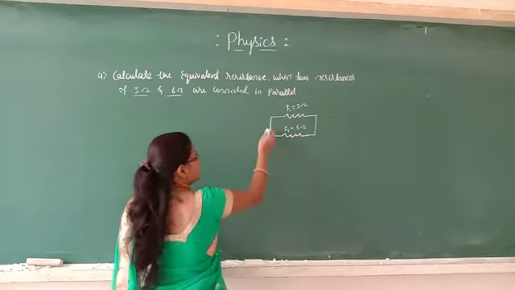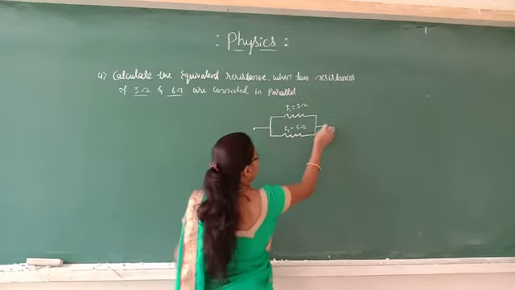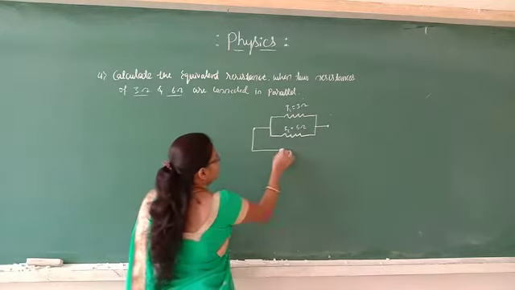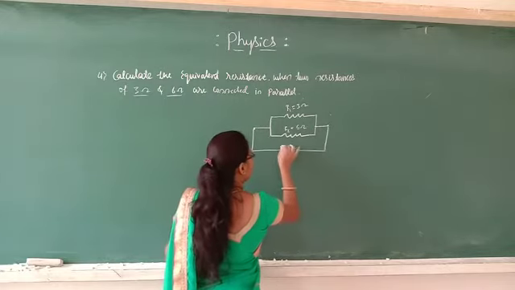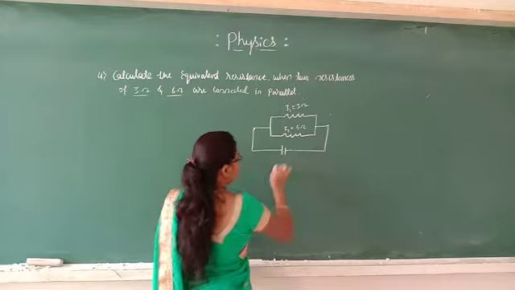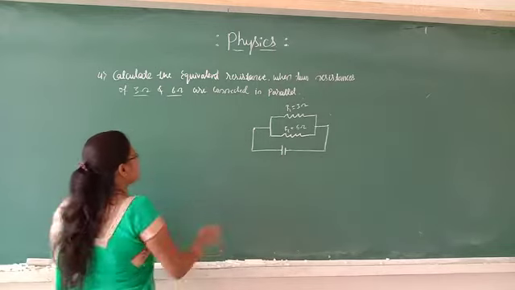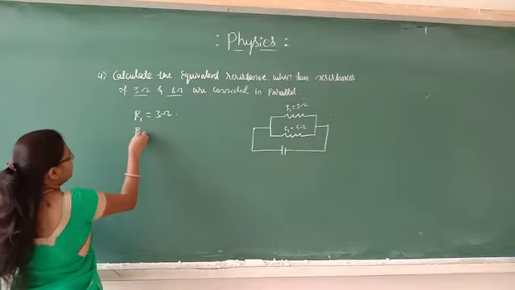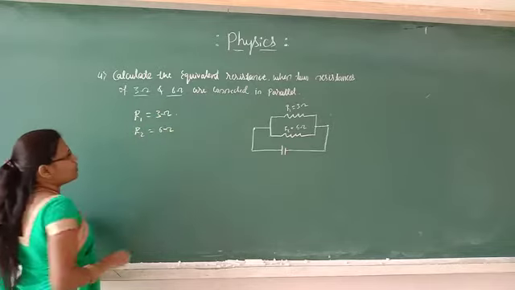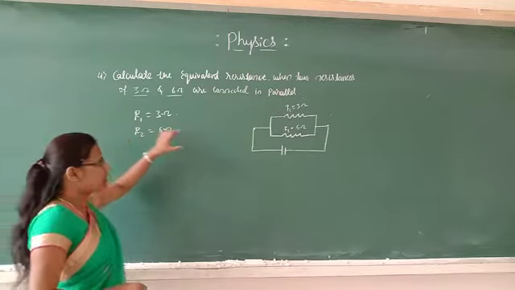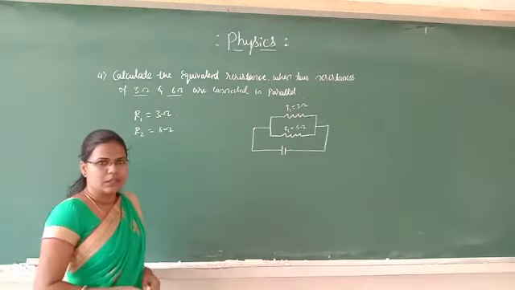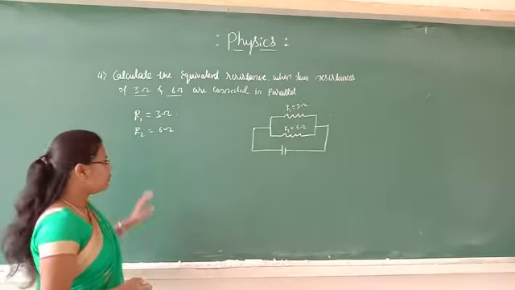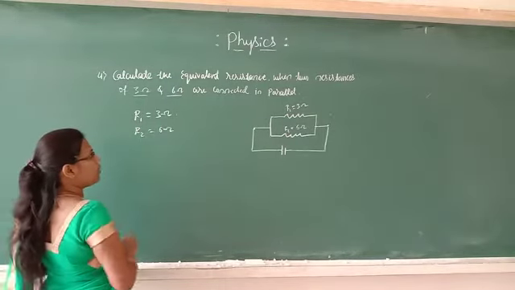So these two resistances are connected to the same 2 points and the potential difference is applied. Okay. So consider R1 is equal to 3 ohm and R2 is equal to 6 ohm. So these two resistances are connected in parallel combination. Then we have to calculate the equivalent resistance. Okay. So we know the formula of the parallel combination of resistances.